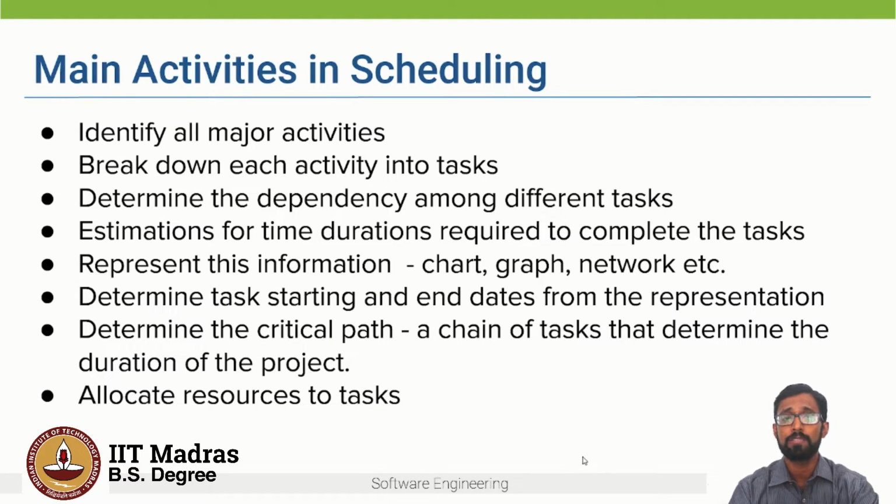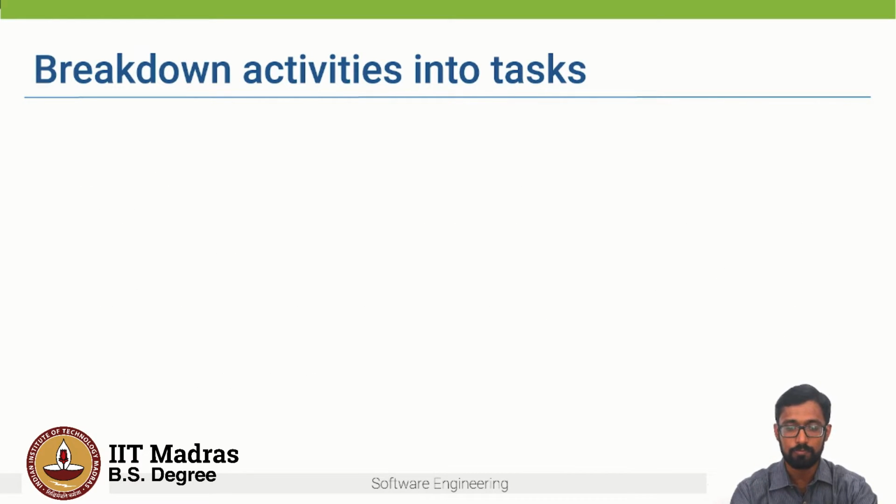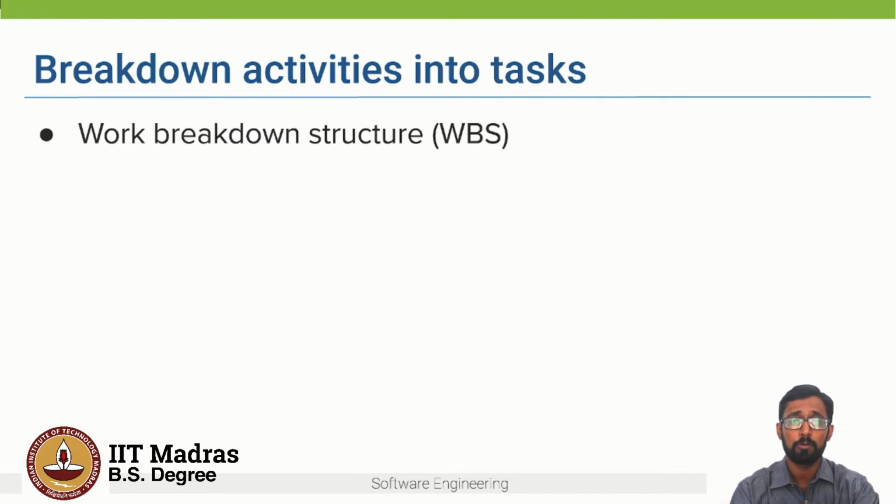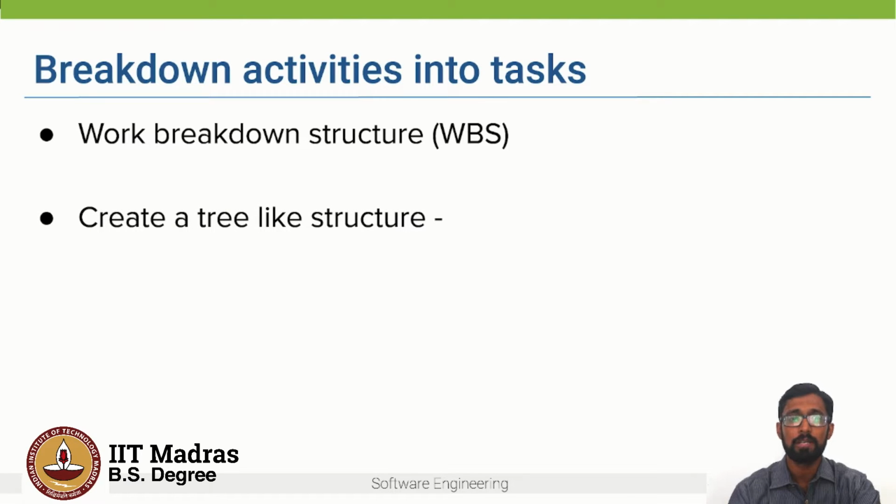So now let's look at how we can identify and break down each activity into tasks. One way to do it is to create what is known as a work breakdown structure or a WBS. What it does is it breaks down the project activities into a set of tasks. And usually this is done by creating a tree-like structure.